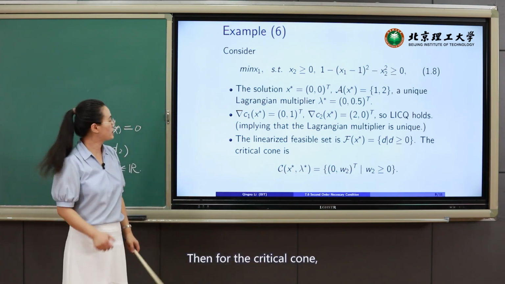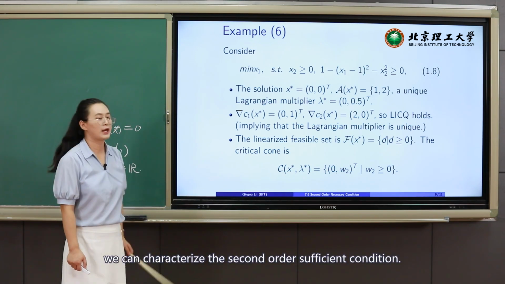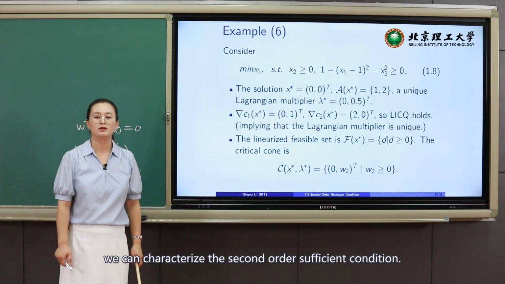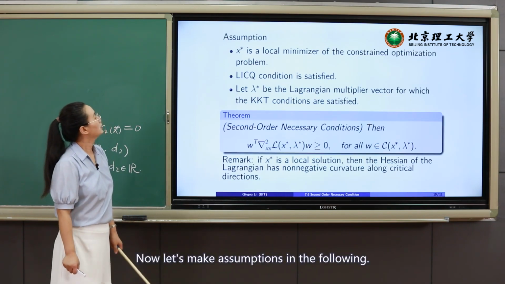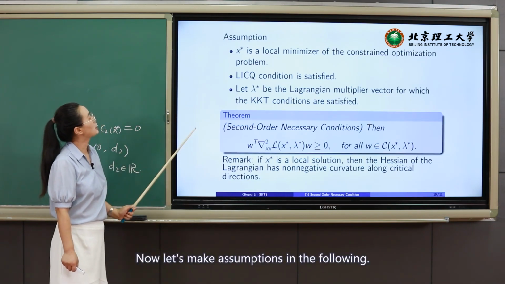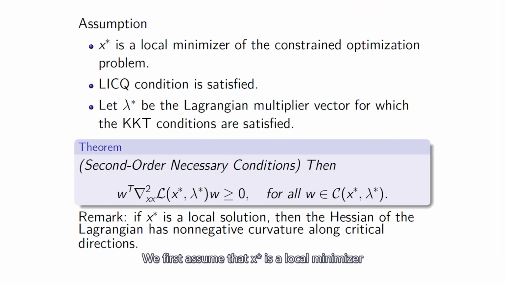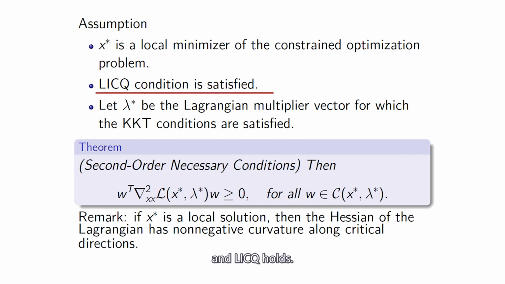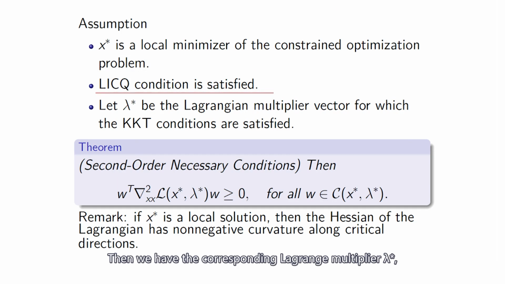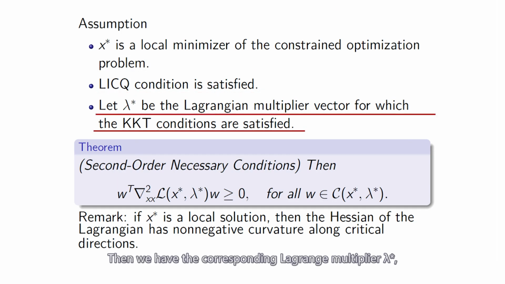Then for the critical cone, we can characterize the second-order condition. Now, let's make assumptions in the following. We first assume that x star is the local minimizer of the constrained problem and LICQ holds. Then we have the corresponding Lagrange multiplier lambda star, which satisfies the KKT condition.